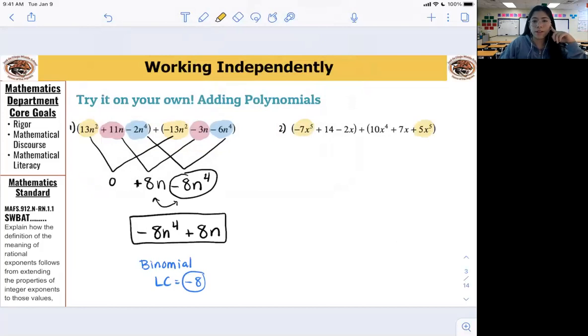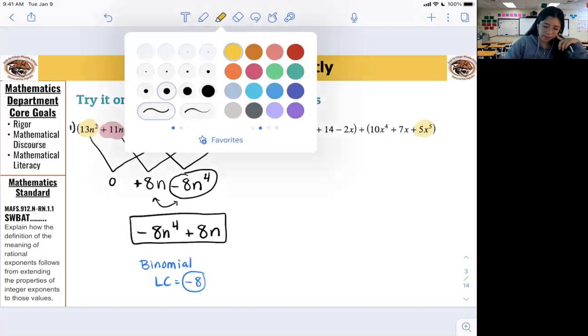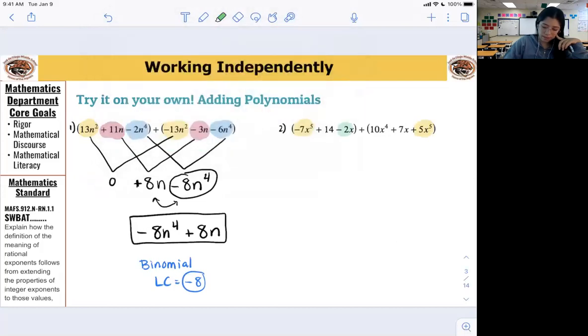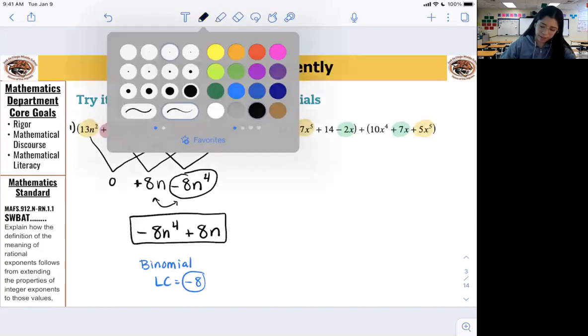What's another? Is there another pair of like terms? Negative 2x and 7x. Anything else? No, ma'am, that's it. That is it.